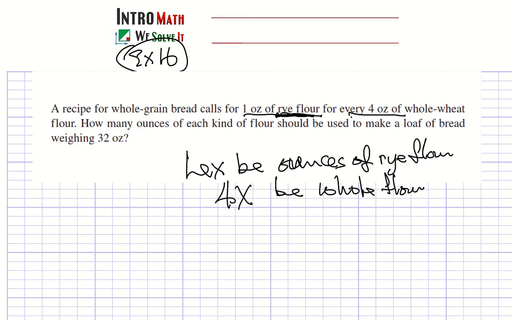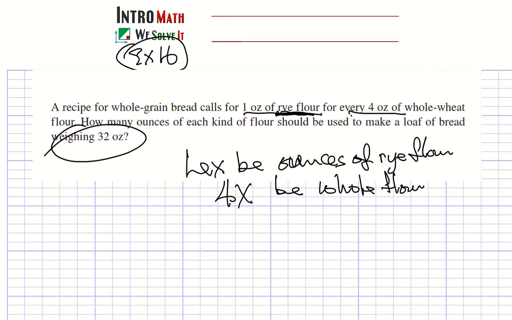But they give you the total weight of both of them. The loaf of bread that comes from both of them is 32 ounces. So basically, what that is saying is x plus 4x is equal to 32. That's all. Because this is in ounces, and that's in ounces.